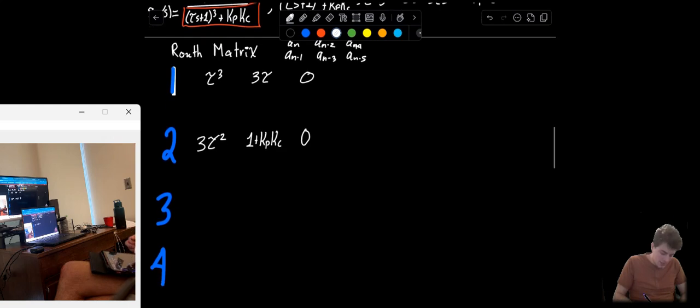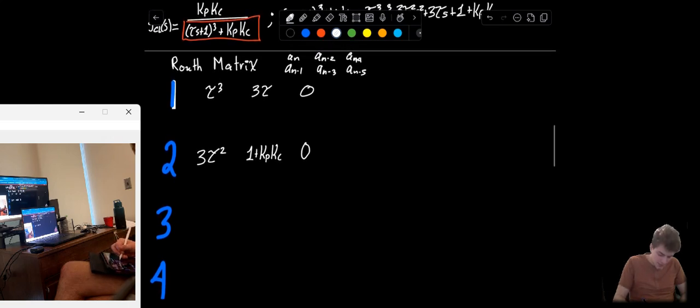So now we get into our third row, and this becomes our b terms. So b1 is going to be equal to basically these two multiplied by each other minus these two multiplied by each other, all over the one right above it there.